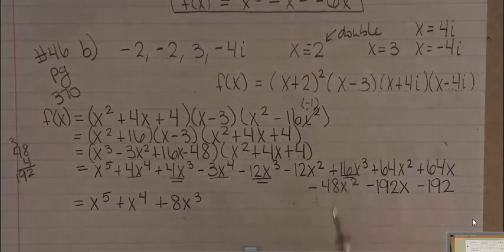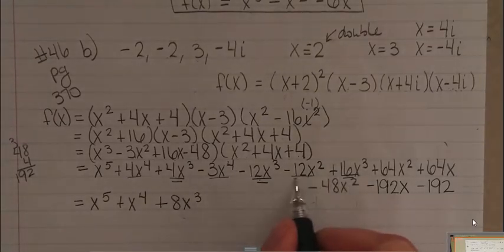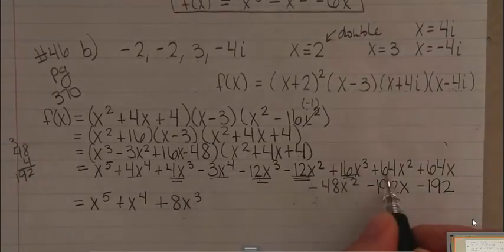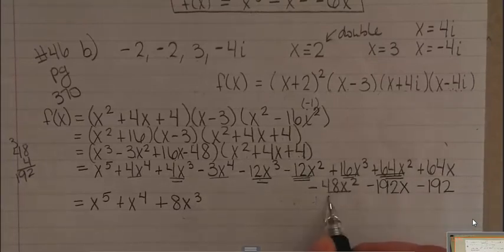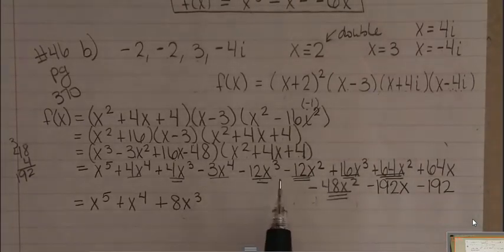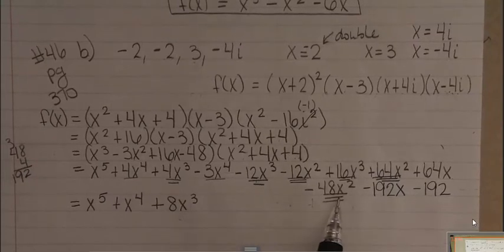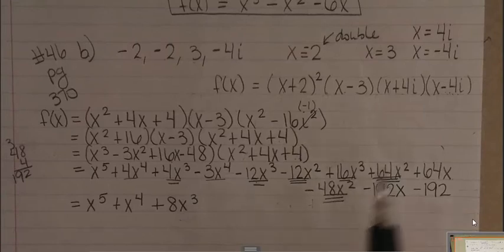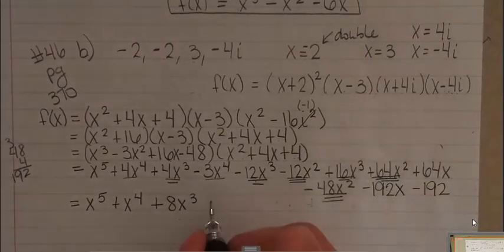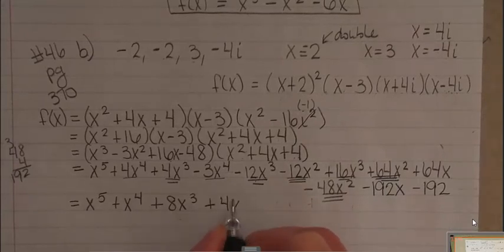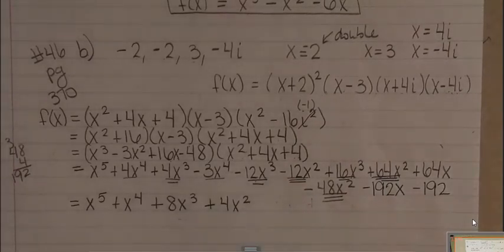Now going down to my x squareds. It looks like I have a negative 12 and a negative 48, so I'm going to combine that to get negative 60. Then if I add 64x squared to that, that's going to give me a positive 4x squared. Now I'm down to the x's.